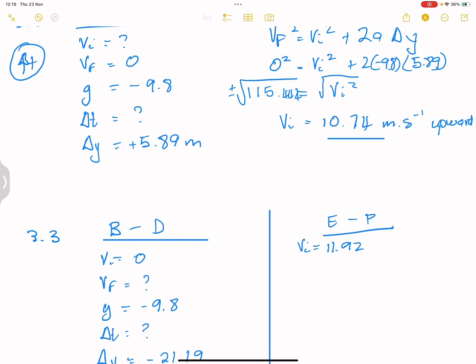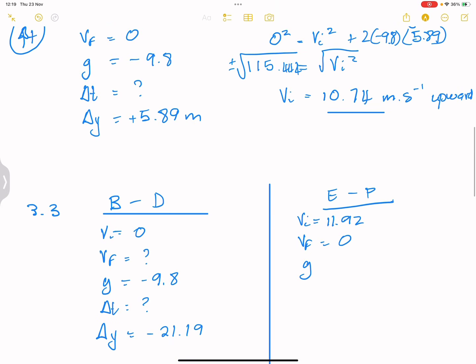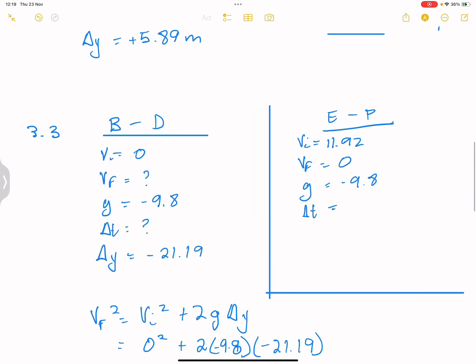Our final velocity would be 0, remember, it reaches maximum height. The acceleration is minus 9.8, that's gravitational acceleration, and we're looking for time. So we're going to use the simplest equation of them all: Vf is equal to Vi plus g delta t.